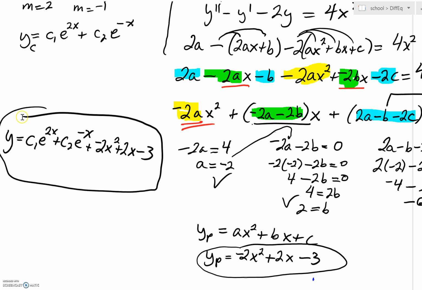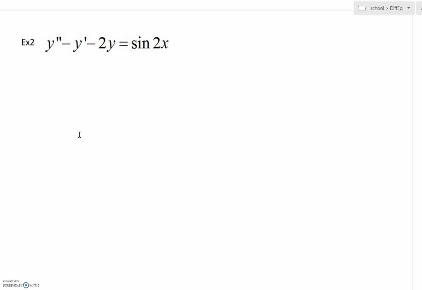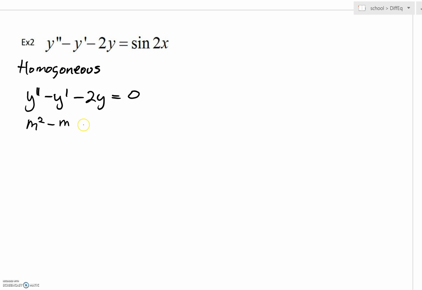All right, let's start taking a look at our second problem here. And you might guess that we're going to get started with the homogeneous setup. Just like we did last week, let's keep it nice and simple and say, I certainly believe that we're going to get a solution here. Our characteristic equation would be m squared minus m minus 2 equals 0.